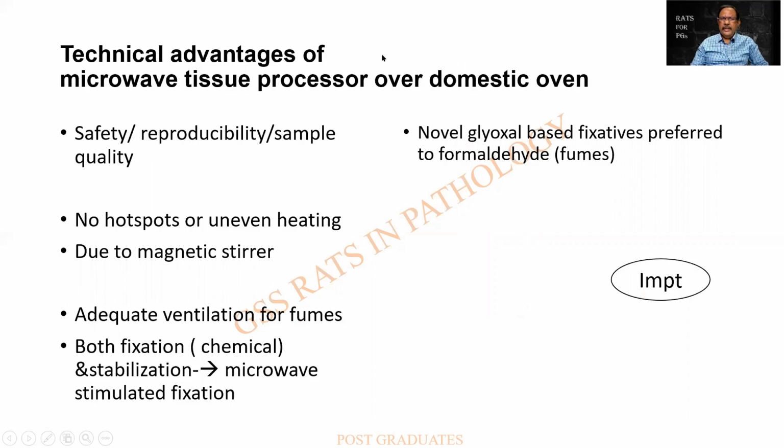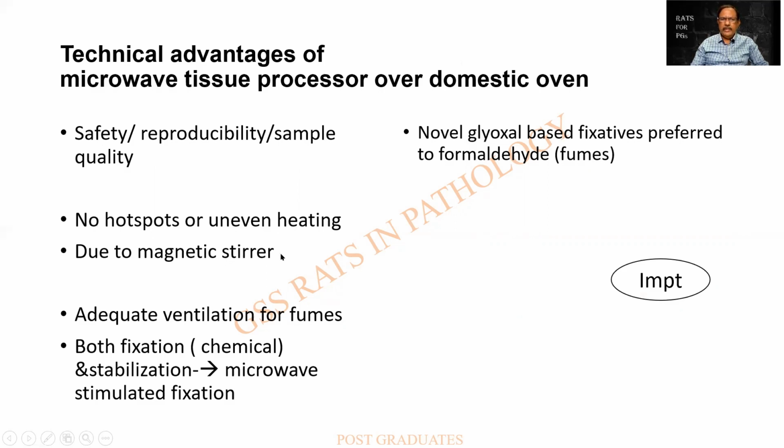Now, what are the technical advantages of the microwave tissue processor over the domestic oven? Not over the conventional processing, but over the domestic oven. There is safety, there is reproducibility, the sample quality is maintained. It is not like overheating or underheating. Always it is the same. There are no hot spots or uneven heating within the specimen.